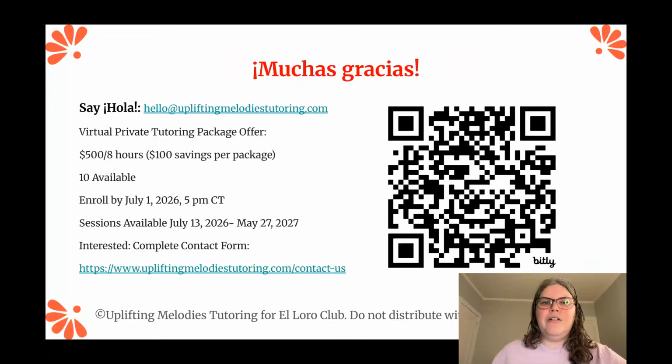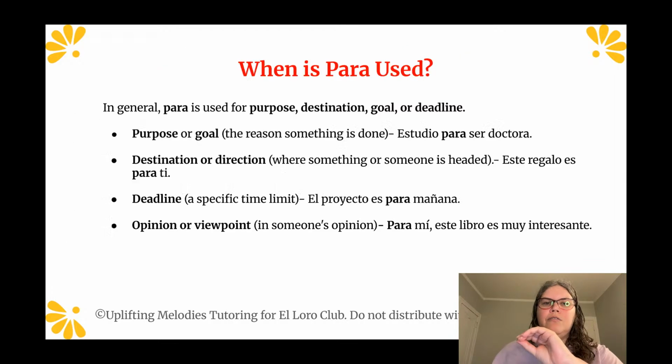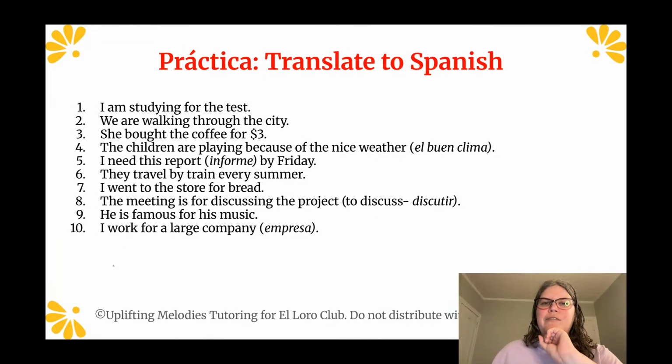All right, so let's try these. I am studying for the test. Okay, so think of this one. This would be for the purpose of, right? So if we go back, purpose or goal. I'll give you a little hint for maybe the first two or three, but then you have to do them on your own after that.